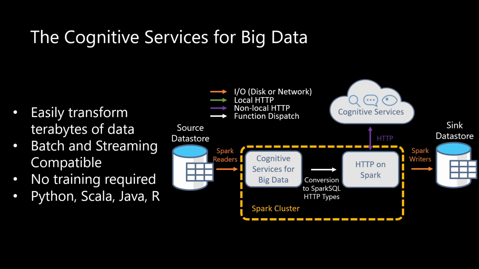So it allows you to really easily transform terabytes of data without training or deploying your own model. You just point it at the cognitive service endpoint, and you can stick this into your existing Spark pipelines. And it's available on Python, Scala, Java, and R.